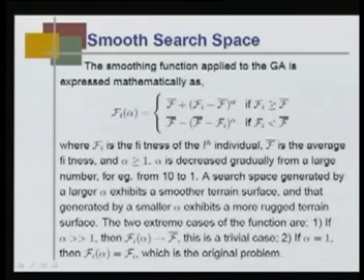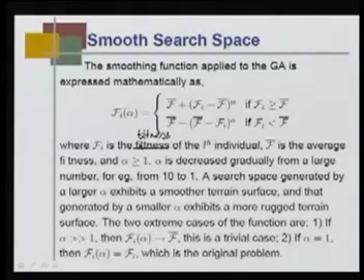So, when alpha is very large, obviously this term vanishes, and f_i alpha becomes f bar. So, it is a flat surface. Here f_i is the fitness of the ith individual, f bar is the average fitness, and alpha is greater than or equal to 1.